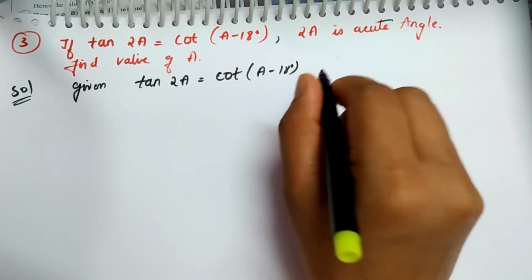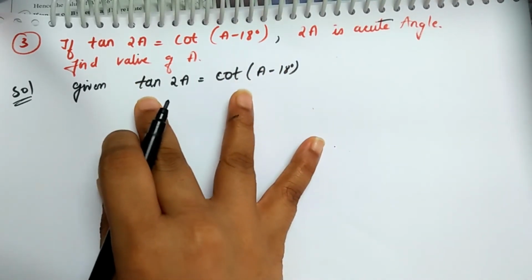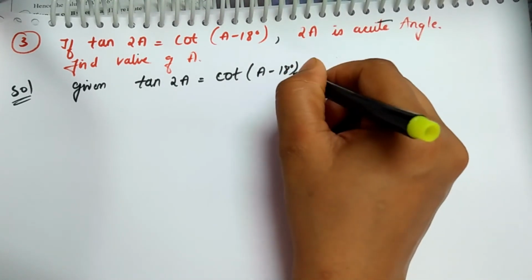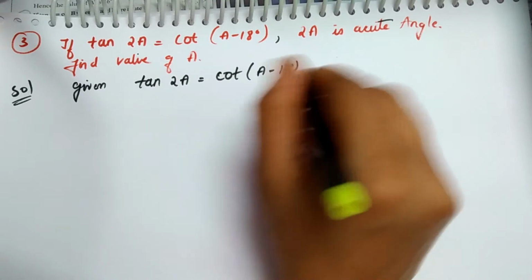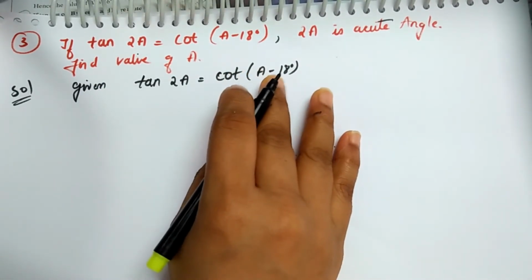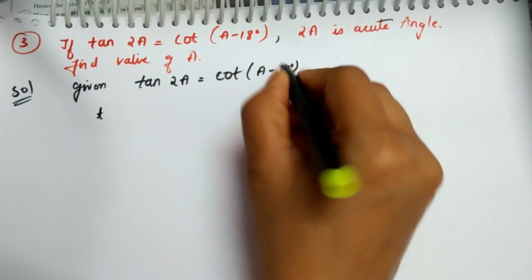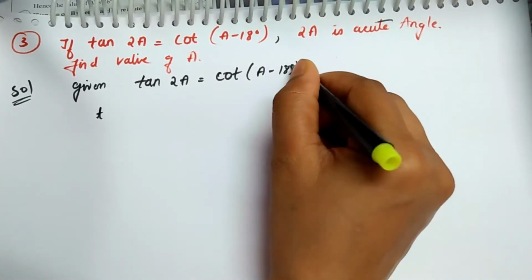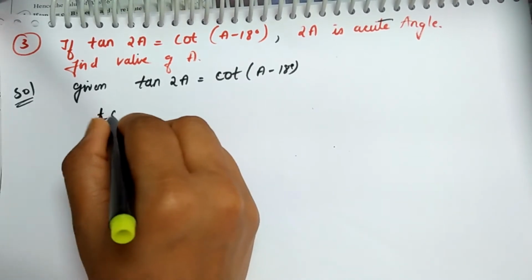First, we need to establish a relationship and get both these things in one term. For that, in these problems you can take anything to convert cot to tan or tan to cot. Since a minus 18 is a complication, we will take the tan value and change it.